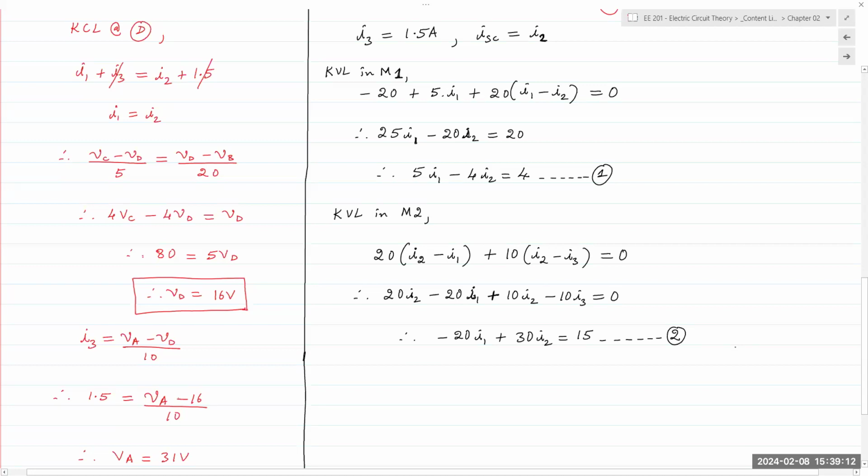I can solve this with any method. You can solve this directly by using an online solver. You can use your programmable calculators, or you can solve it manually, like I do. What I'm going to do is I'm going to take equation 1, multiply it by 4. If I multiply it by 4, I get, what do I get?